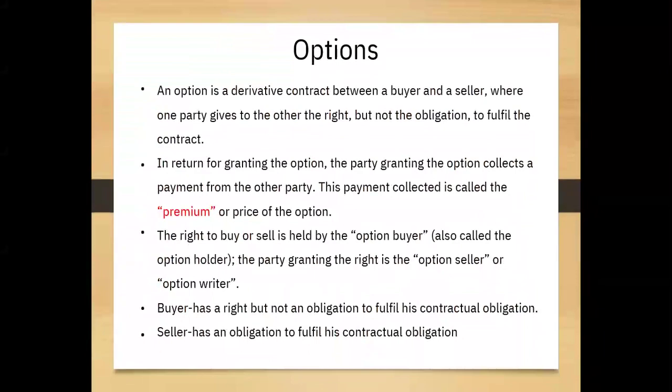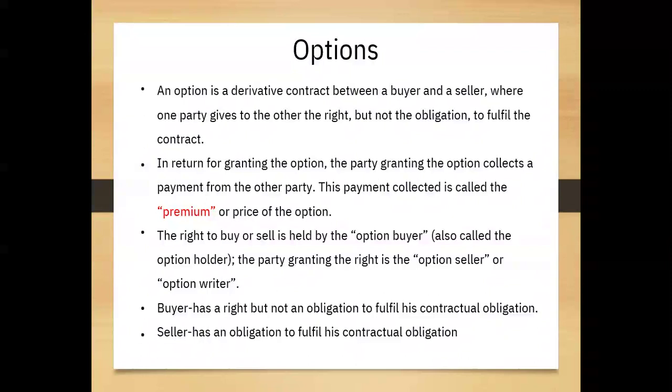An option is also a derivative contract between a buyer and a seller, where one party gives the right but not the obligation to fulfill the contract. Here you need to understand the words very carefully: right but not obligation. In return for granting the option, the party granting the option collects a payment from the other party, which is called the premium.